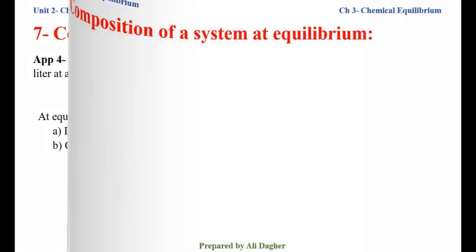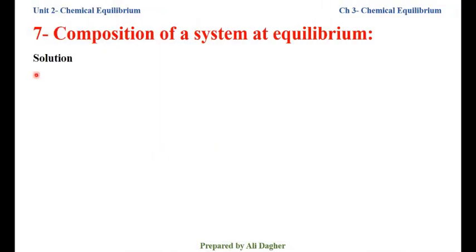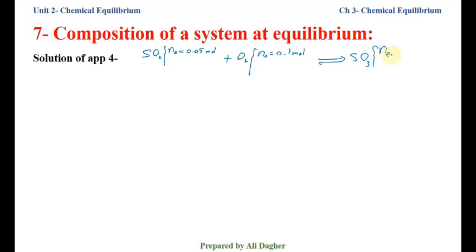Solution of application 4. We have SO2, N0 equals 0.05 mole, plus O2, N0 equals 0.1 mole. At equilibrium, we obtain SO3, number of mole at equilibrium equal 0.01 mole.